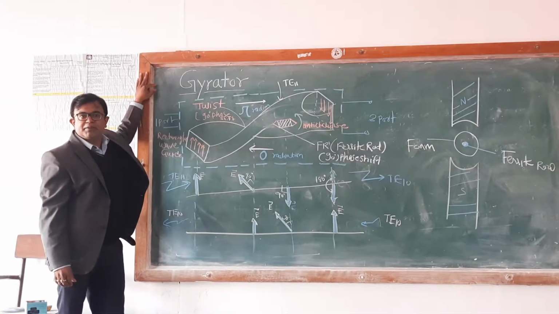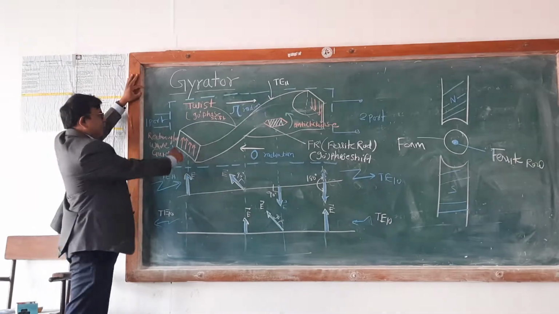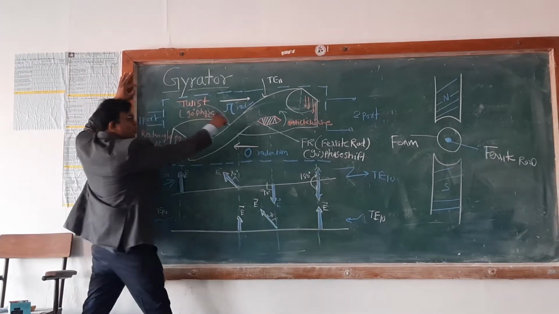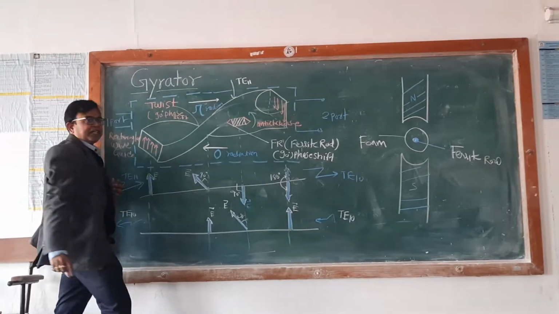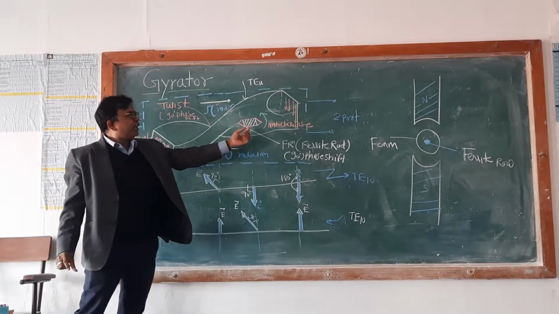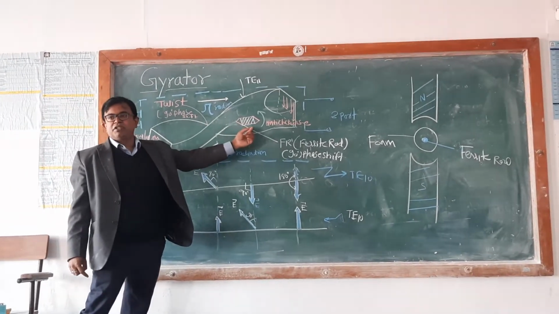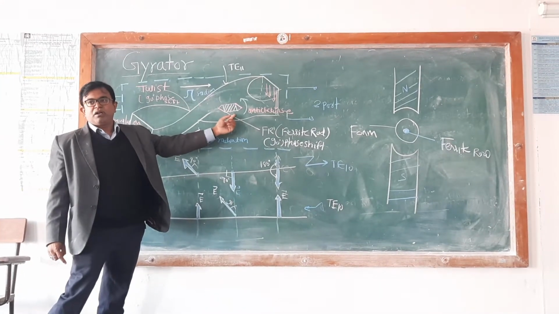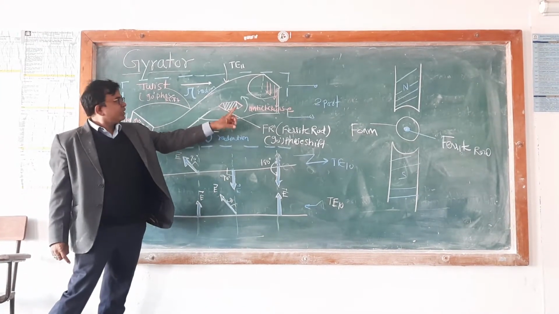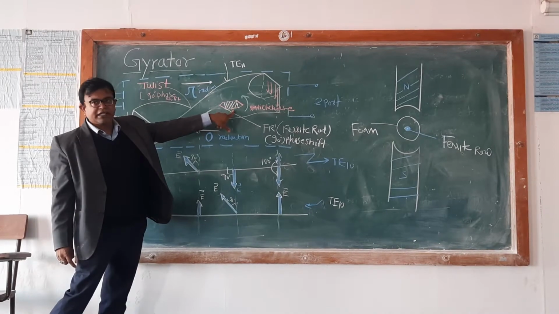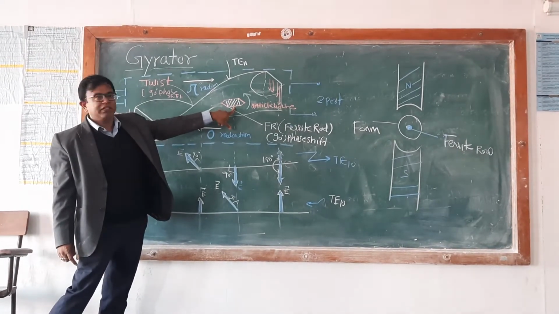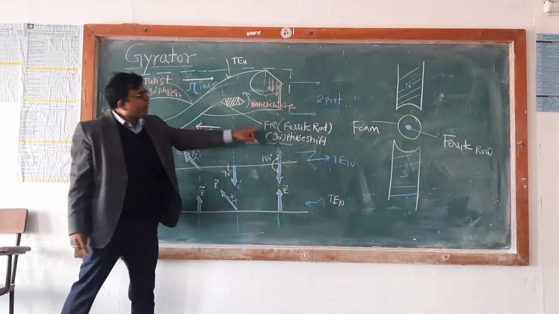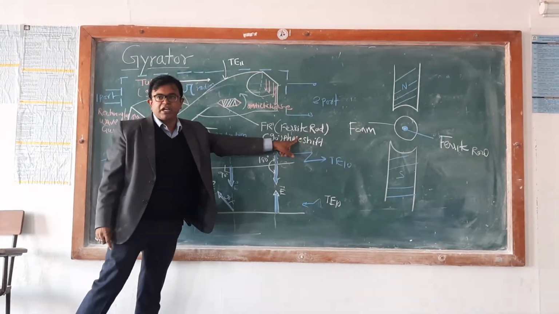A gyrator is nothing but a two-port device. You can see that this is your two-port device, which is based on the principles of Faraday rotation. So what is Faraday rotation? This particular material is called a ferrite rod.